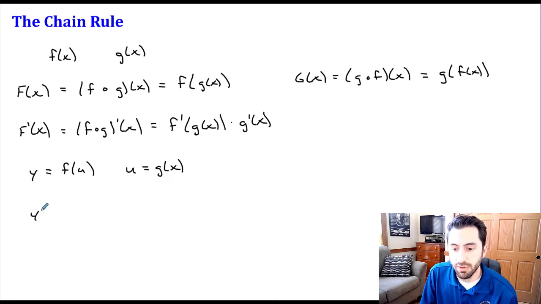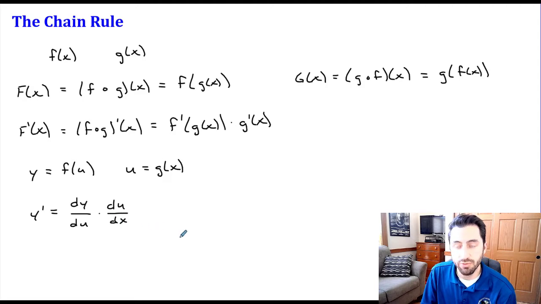Then for the derivative, we take the derivative of the outside function, so the derivative of y with respect to u, and multiply that by the derivative of the inside function. The inside function was u, and we take the derivative with respect to x. So again, two different notations representing the same thing, but overall the chain rule is the derivative of the outside times the derivative of the inside.